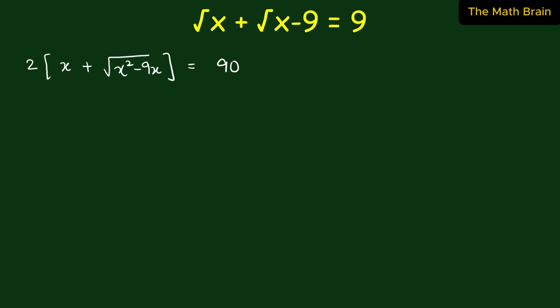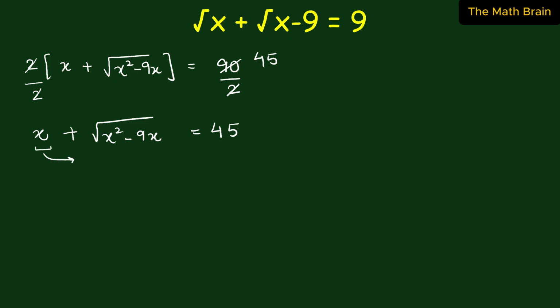Now we are going to divide both sides with 2 and this 2 will cancel out. By dividing 90 by 2 we will get 45. So this side will become x + √(x² − 9x) is equals to 45.